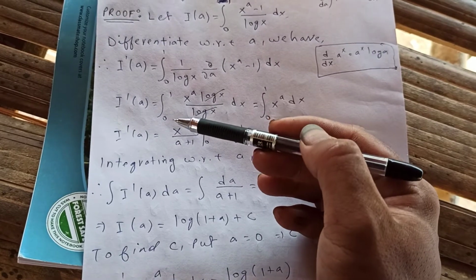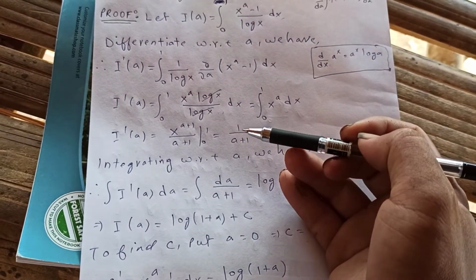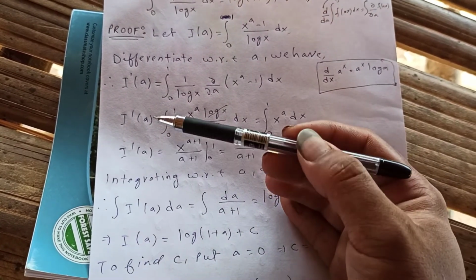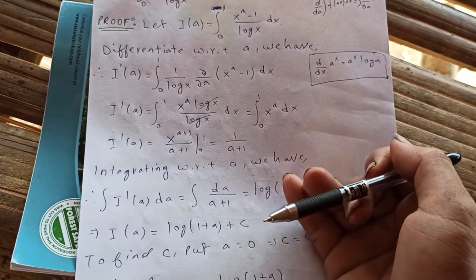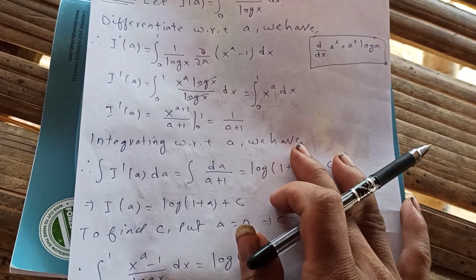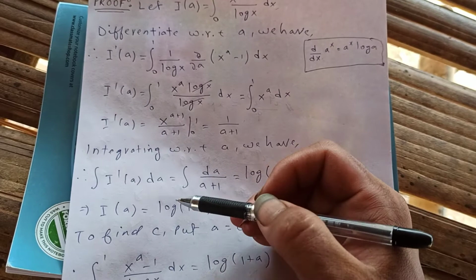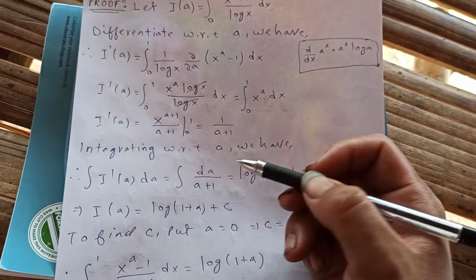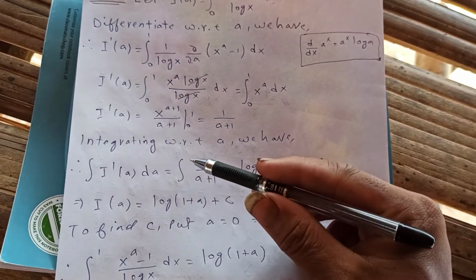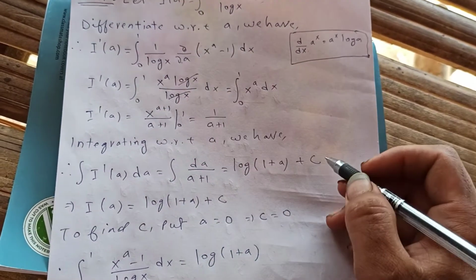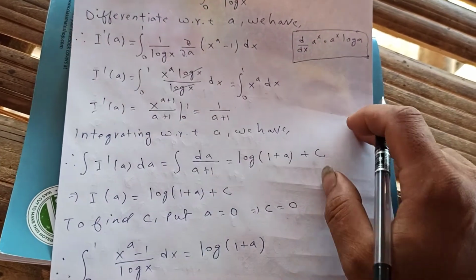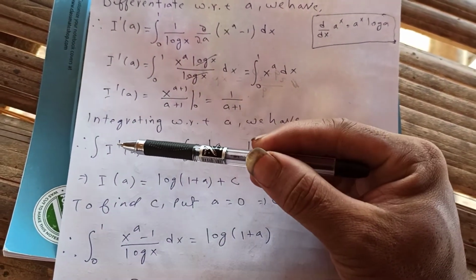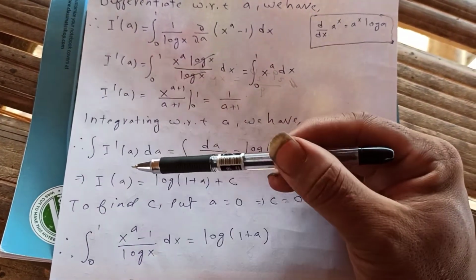Here we differentiate with respect to the parameter and get the result, and then to get back the original equation, we integrate again with respect to that parameter a. So the integration of I prime of a da is the integration of da upon a plus 1, which is log of 1 plus a. This is indefinite, so don't forget the constant. So the integration of the derivative of I of a is nothing but I of a only.